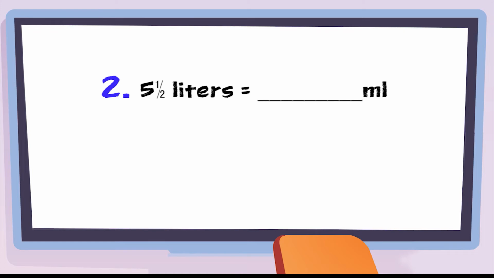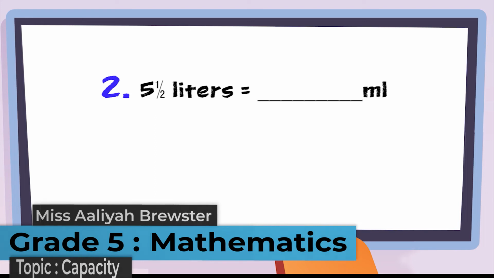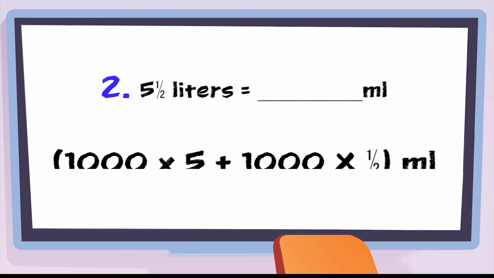Question 2 asked us to convert 5.5 liters to milliliters. To do this, we can separate the mixed number and add the sum together. First, we multiply 1,000 by 5. Second, we multiply 1,000 by half.